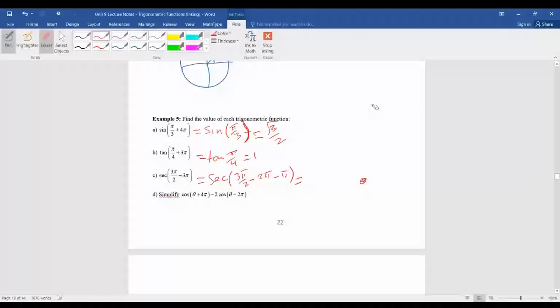When you subtract 2 pi, you pretty much go back to the same point. It means this is equivalent to secant of 3 pi over 2 minus pi, because subtracting 2 pi doesn't change anything.